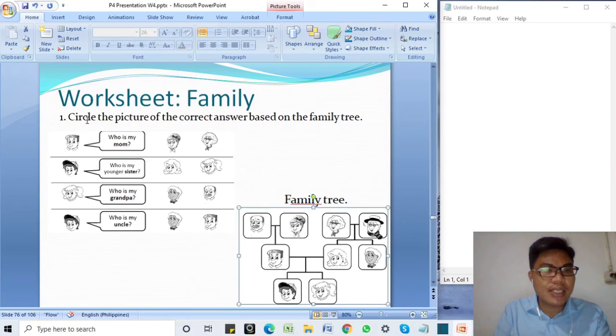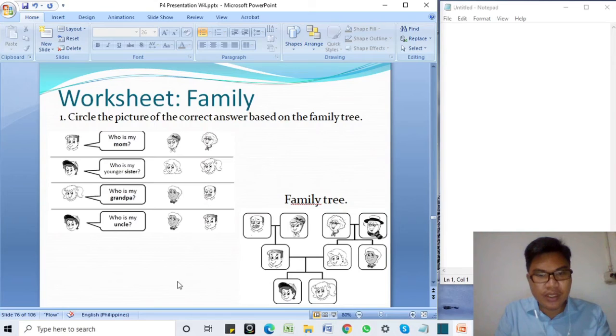The instruction is you have to circle the pictures of the correct answer based on the family tree. So this is the family tree, right? The question is, who is my mom?